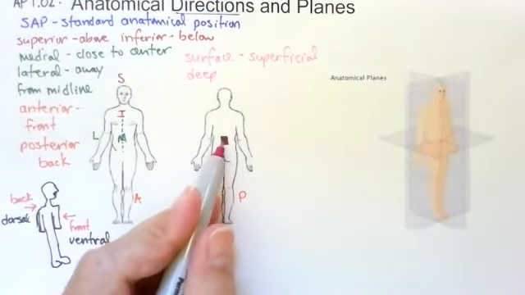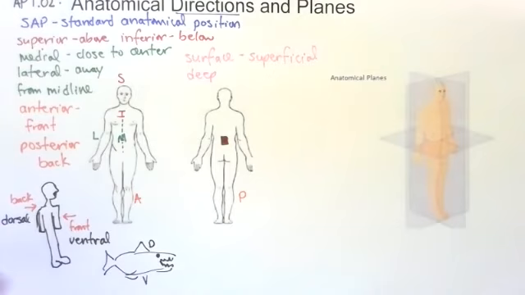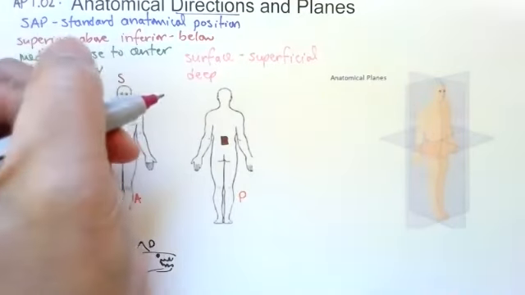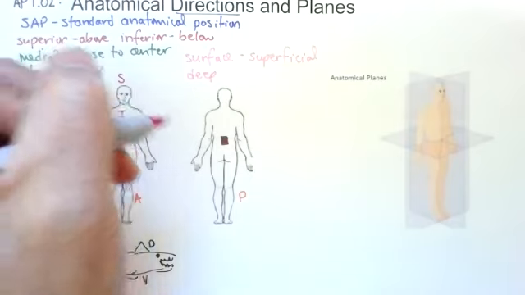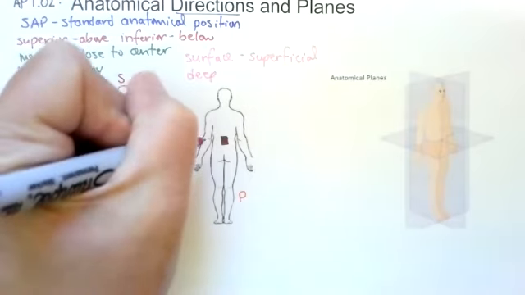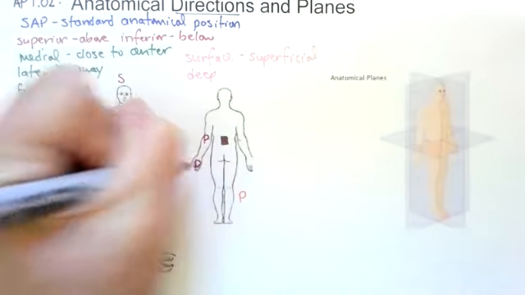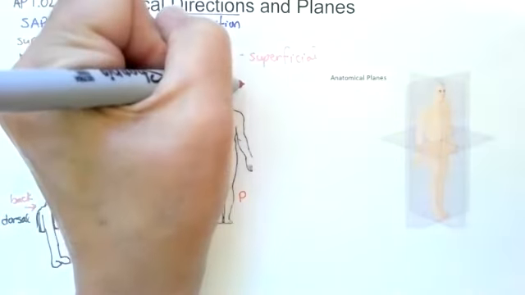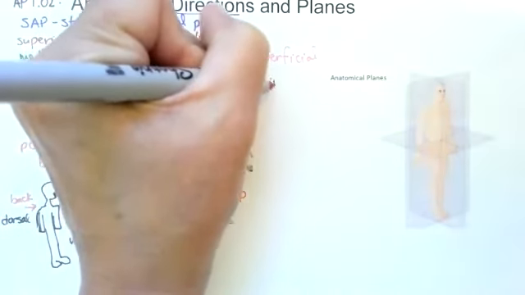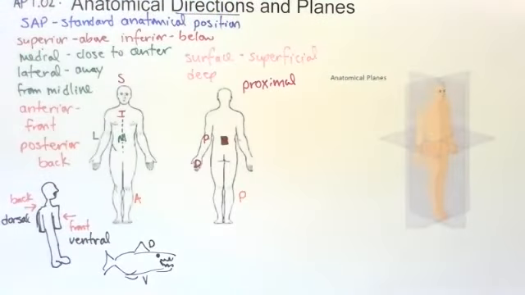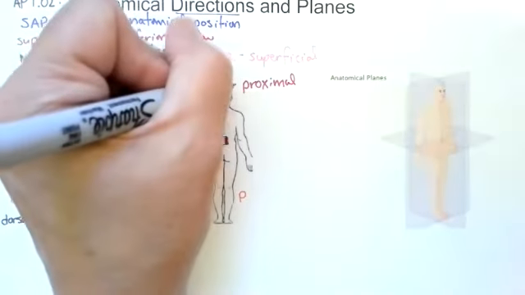So if we talk about things being close to this or further away, let's do a P here and a D here. The P is proximal. And proximal is defined as close to the trunk.